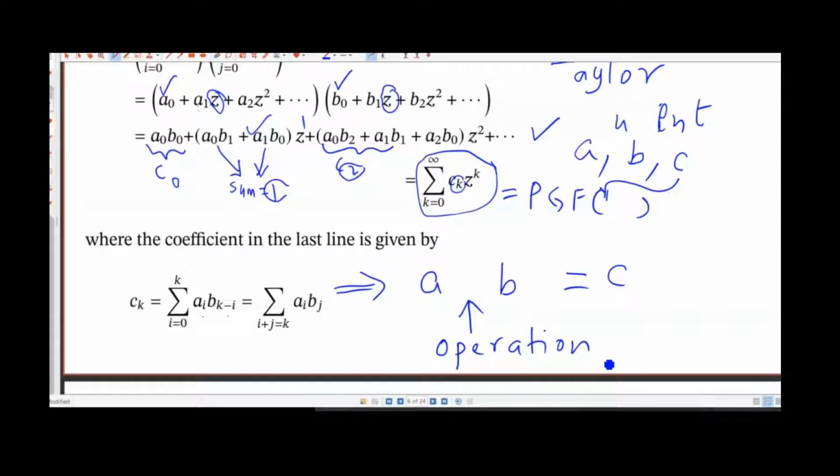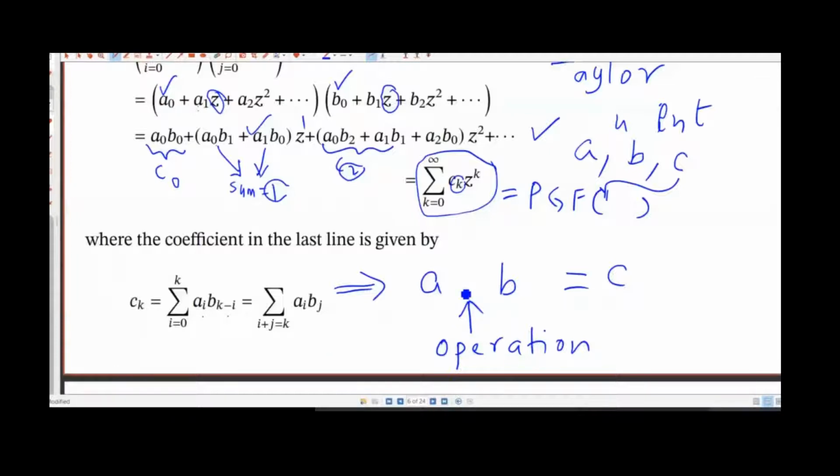You know it from another course. It's very easy, there's nothing fancy here. I just have a sequence and another sequence. I multiply, you get a third product, and that product is the PGF of another sequence.